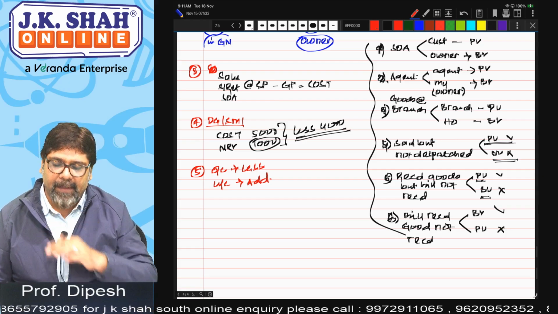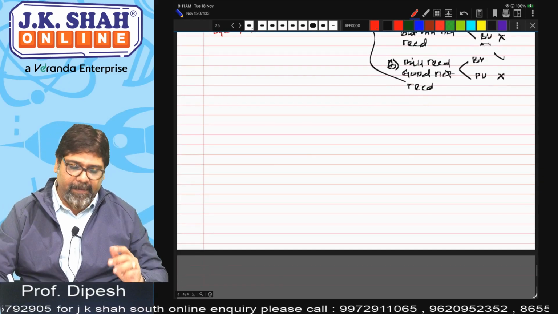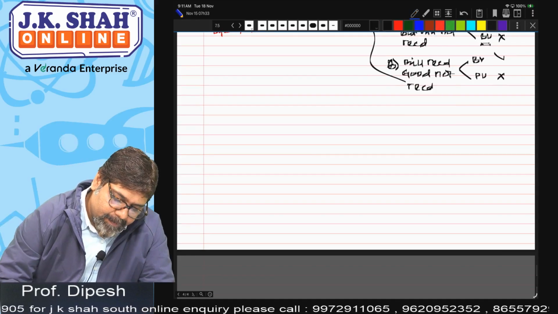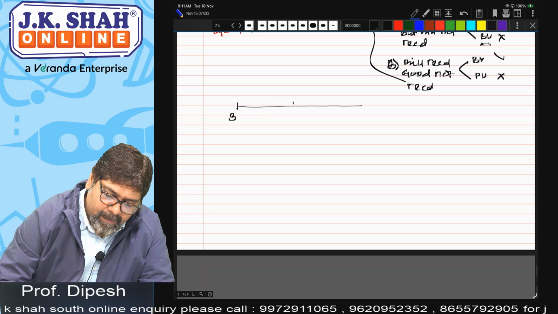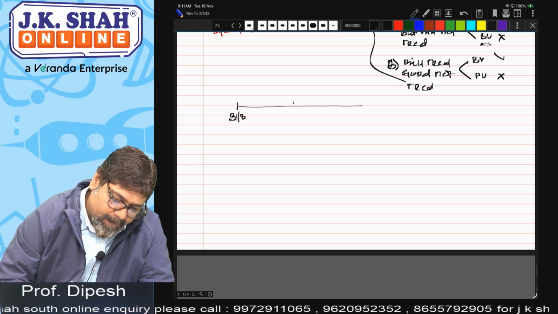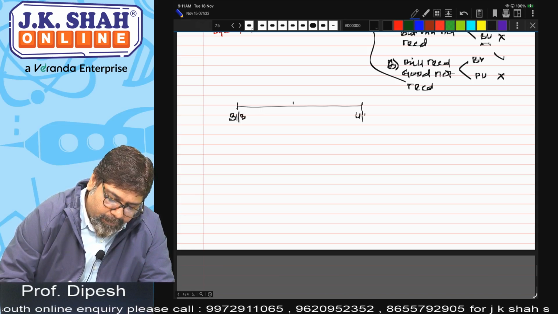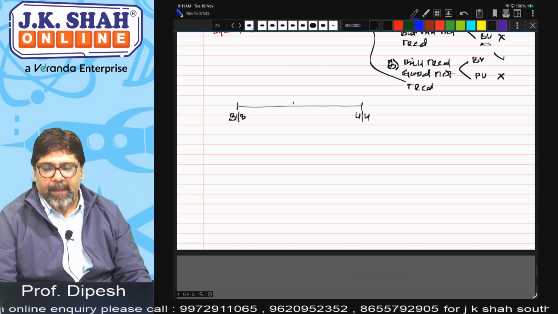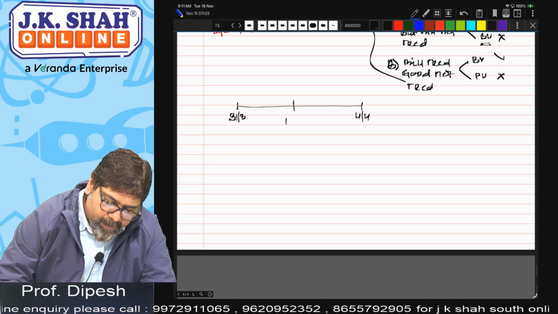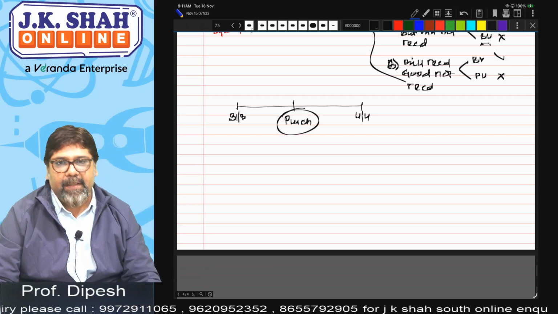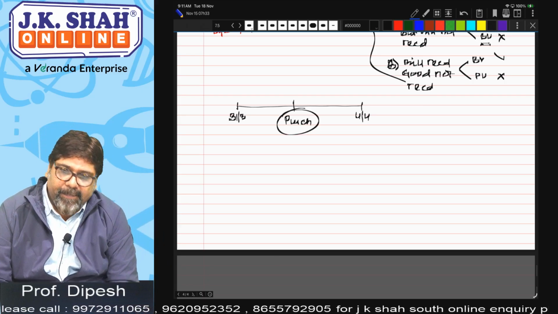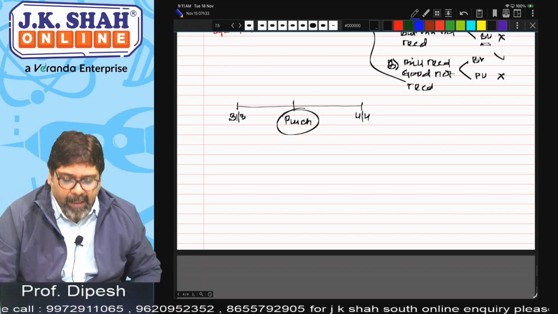Now, one simple question. This is 31st of March. This is 4th of April. I have purchased goods here, after 31st of March.